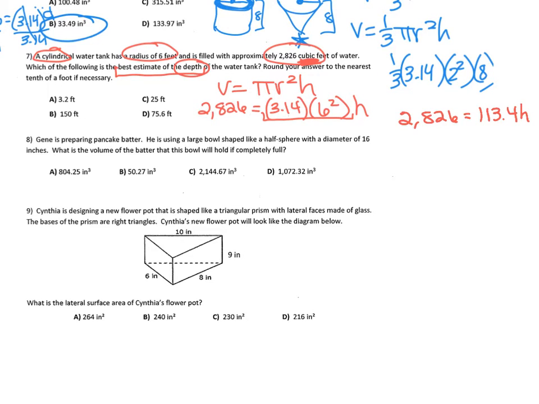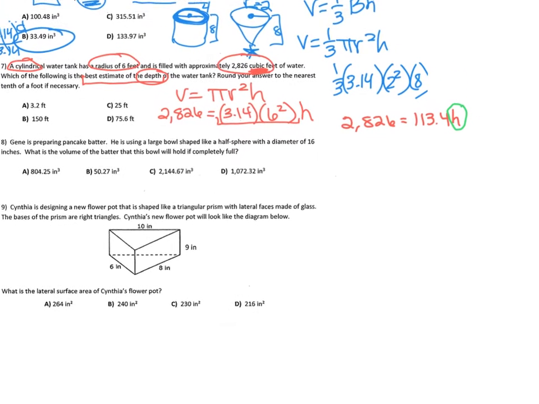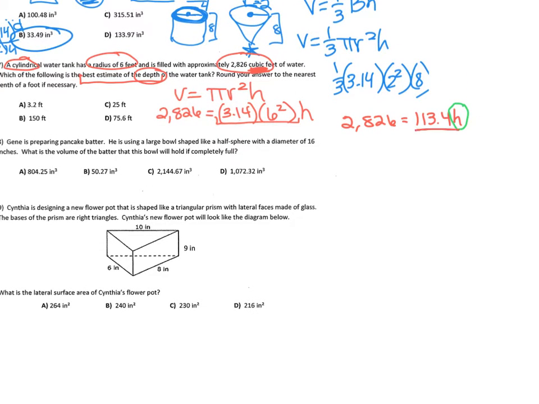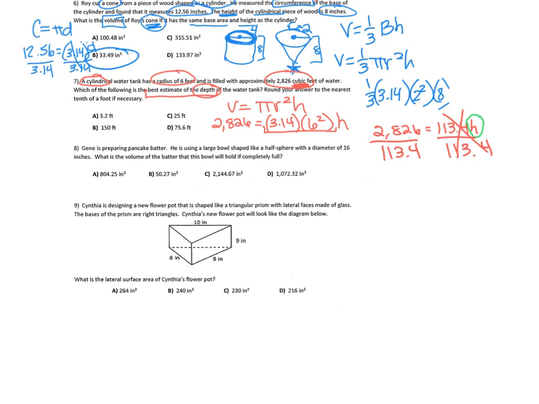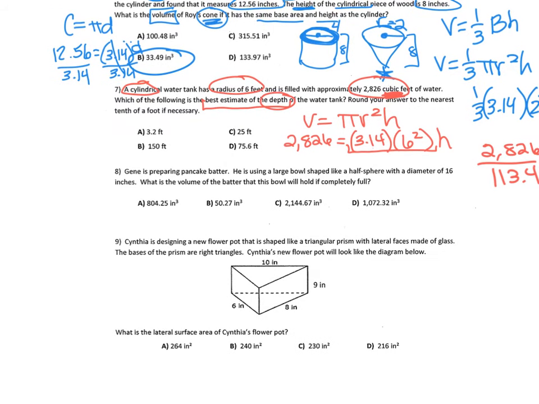So one step equation. How am I going to get that height? Divide. Divide by 113.4 on both sides. Let's see. It's like 24.9. Yeah, you got it. 25.